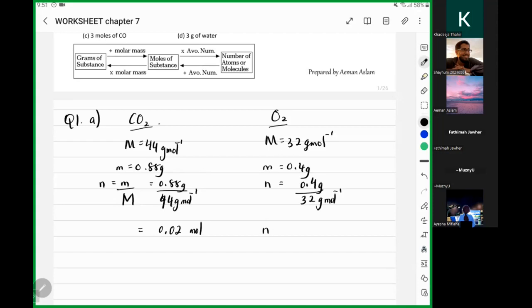So you will get n equals 0.0125, I think. Is that the answer? Yeah, 0.0125. Don't worry if your maths is not coming. What I need you to get from today is the method. So this is the answer for A.